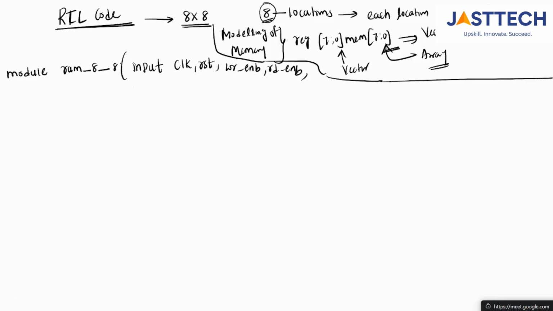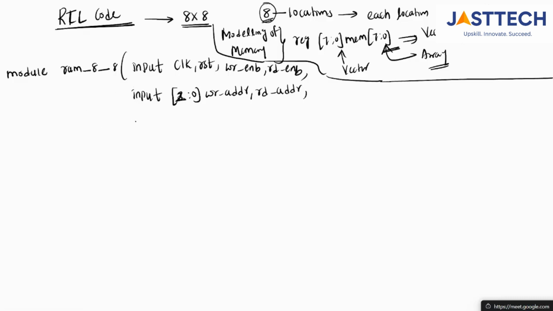Next, input write address. Write address is how many bits? 3 bits, which means 2 down to 0. Write_address, comma, read_address.